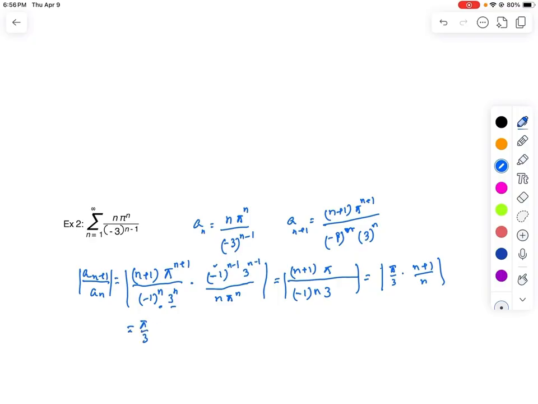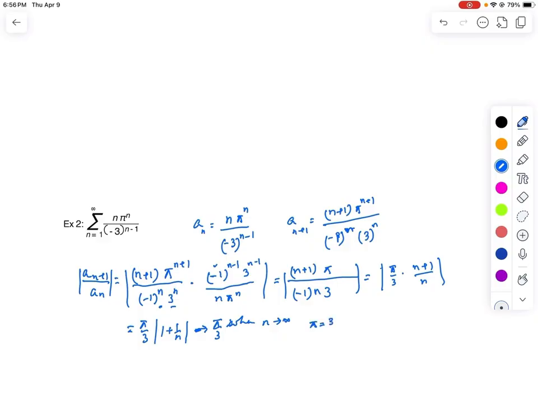We can write it as 1 plus 1 over n, and pull the pi over 3 outside. Then as n goes to infinity, this gives us pi over 3 times 1, which is pi over 3.